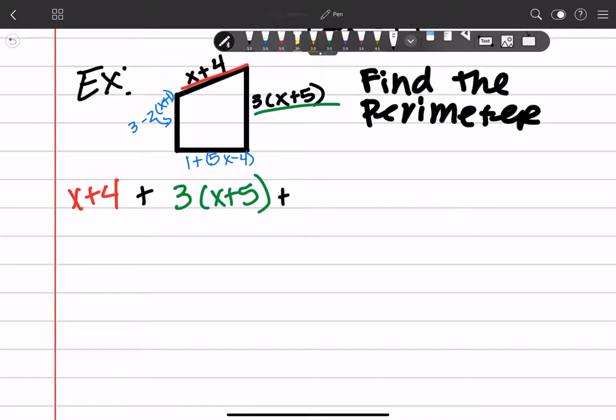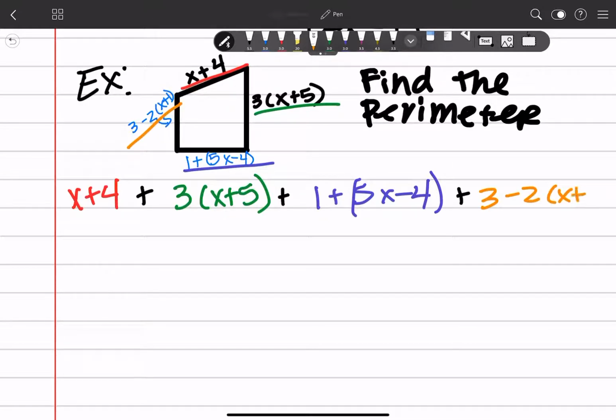You're going to add that to this one, which is 1 times 5x minus 4. And then lastly, we're going to do this one, and I'm going to put it in our Haltom orange. It's 3 minus 2 times x plus 1. All right, this looks like a lot, but honestly, if you just do it color by color, which is why I'm using it, you'll be set.